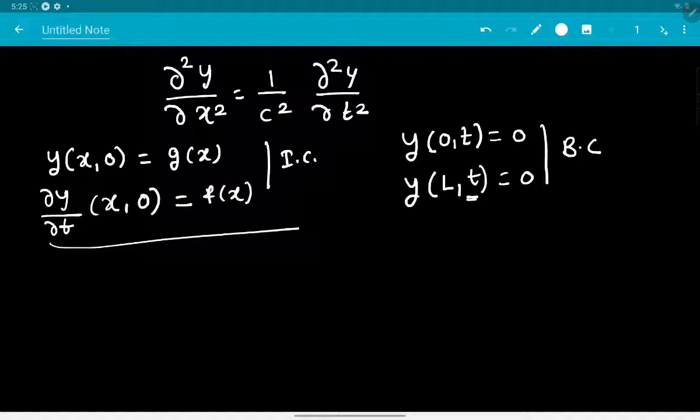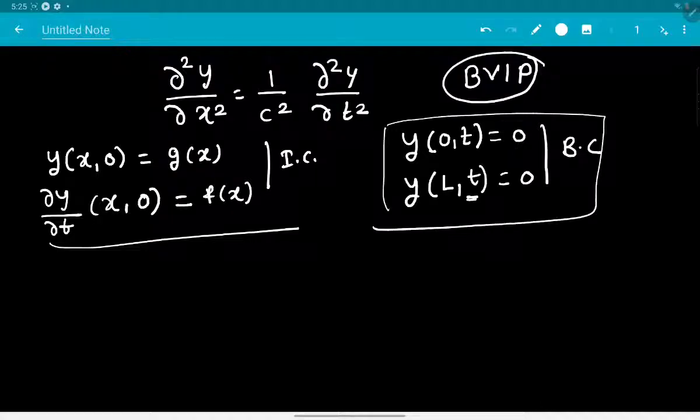It is therefore called an initial boundary value problem, or boundary initial value problem, since these boundary conditions are specified at 2 points. So this is a 2-point boundary value problem, or 2-point boundary initial value problem.